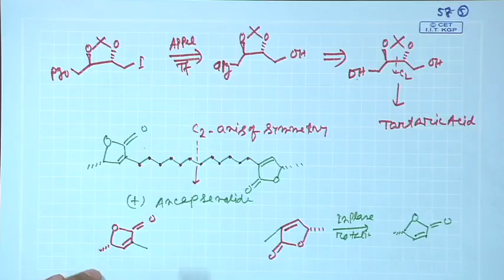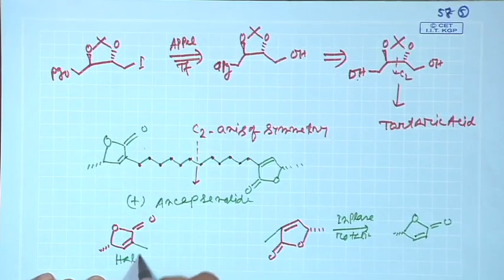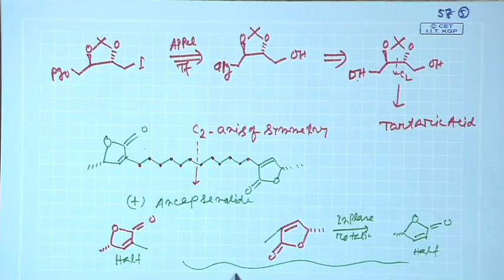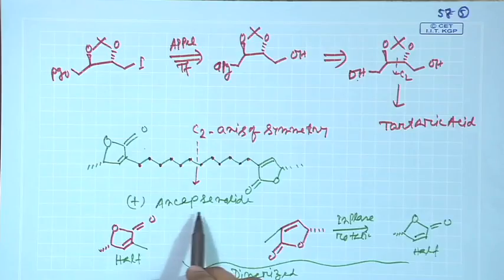So, these two homochiral halves, this half and this half, are dimerized through this achiral spacer. That is pretty important, and that gives you the ansepsinolite.